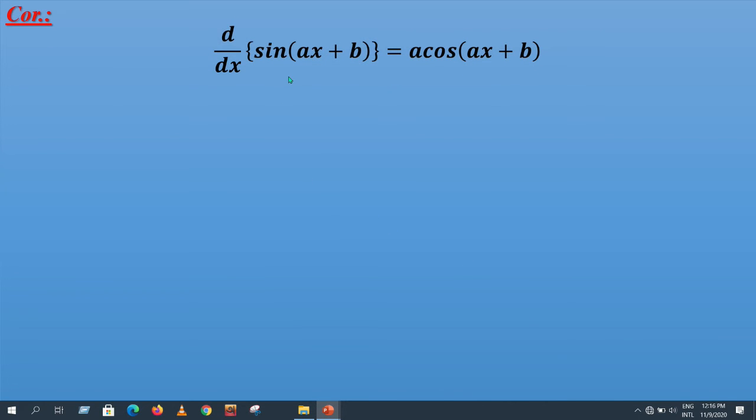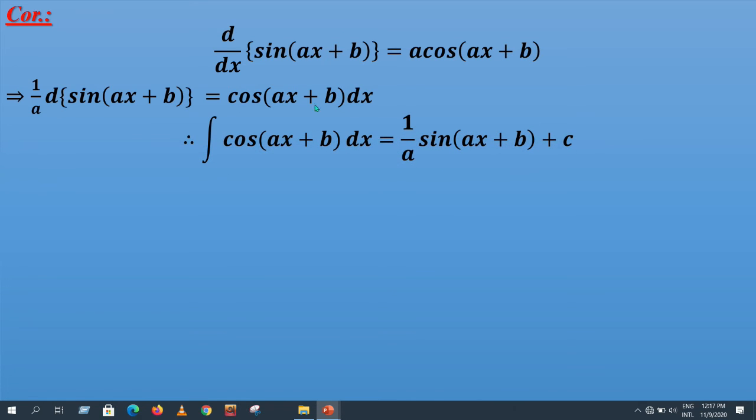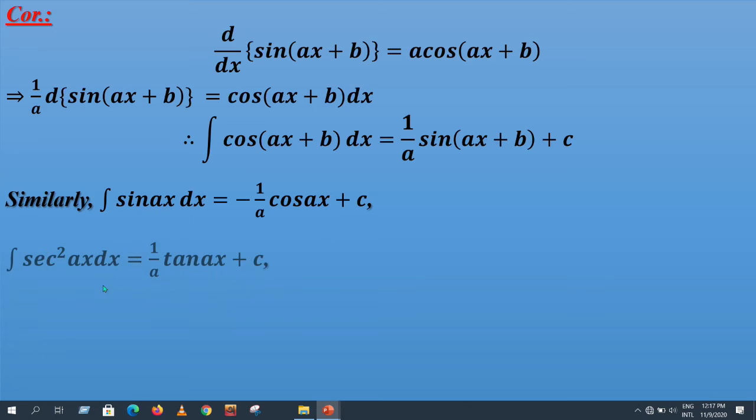Corollary: derivative of sin(ax plus b) equals a cos(ax plus b). This implies 1 divided by a times the derivative of sin(ax plus b) equals cos(ax plus b) dx. Now taking integration on both sides, the right side will be this and the left side will be 1 by a sin(ax plus b) plus c. Similarly, integration of sin(ax) dx equals minus 1 by a cos(ax) plus c.